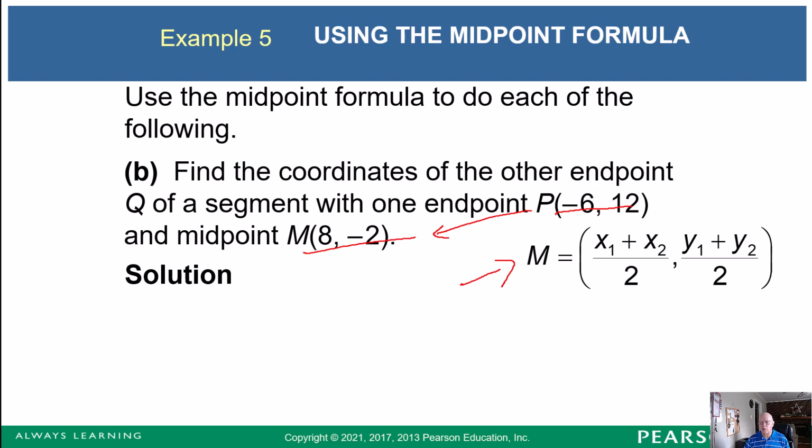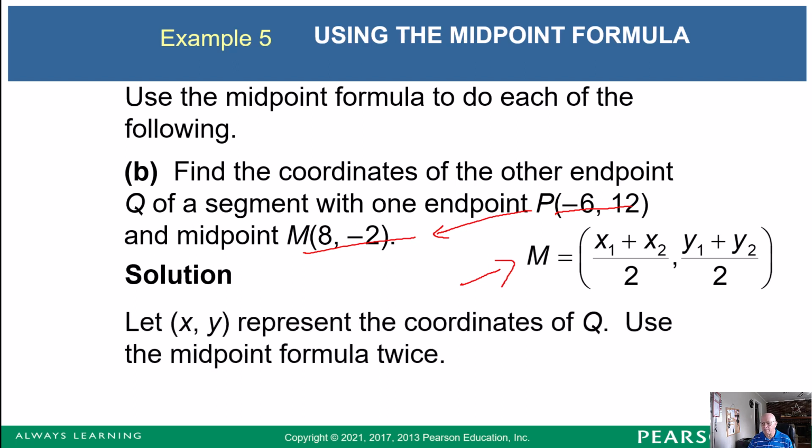Okay, I hope you tried it and you're back. Now for this one, we're going to have to use the midpoint formula twice. Remember, this is a little bit different. You've got an endpoint, an endpoint, and a midpoint. One of the endpoints is given, and the midpoint is given.